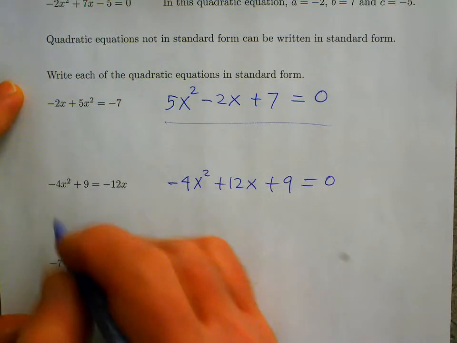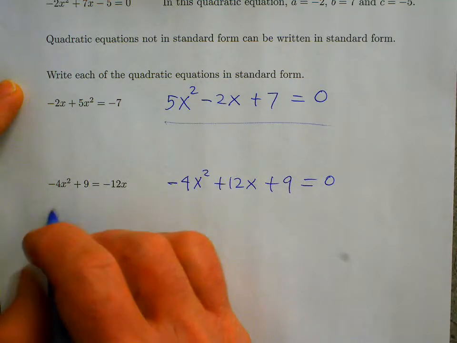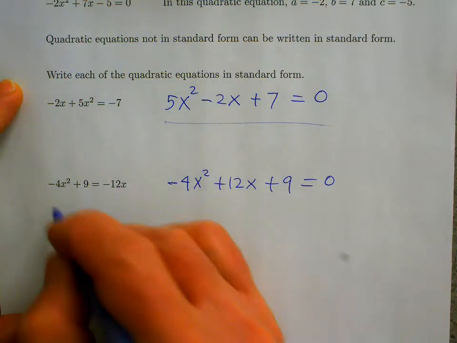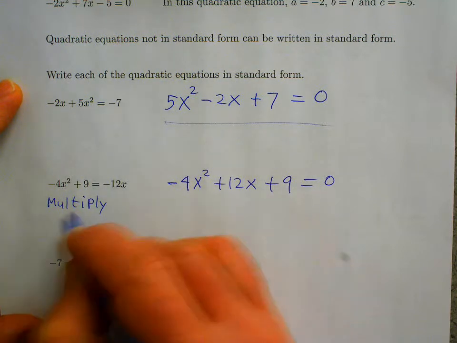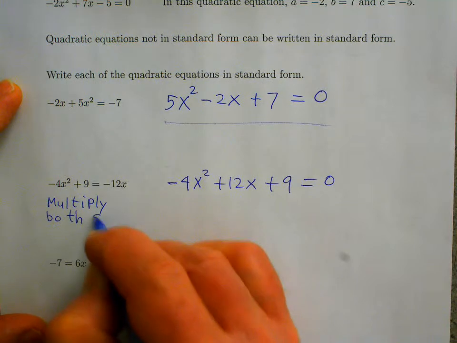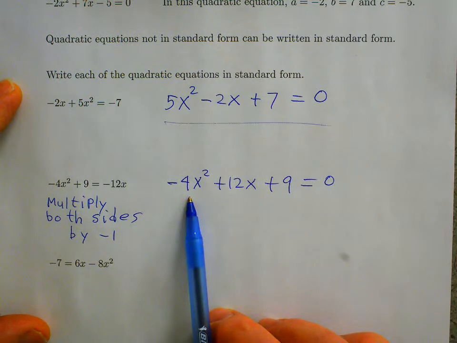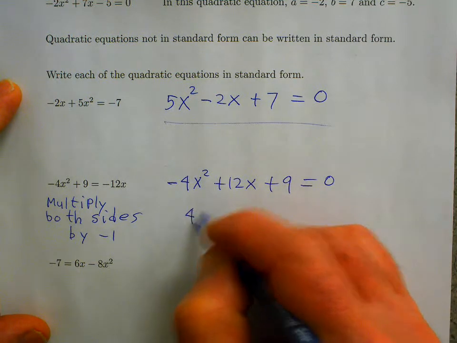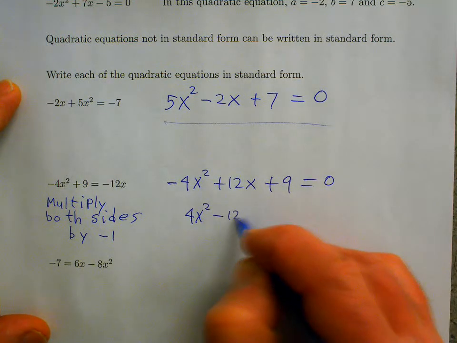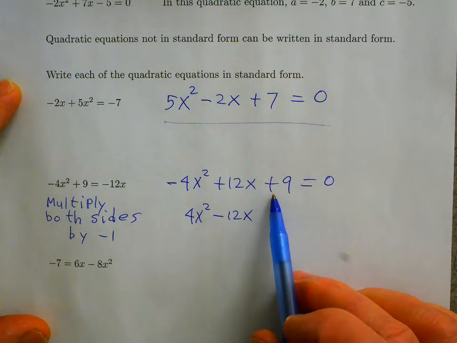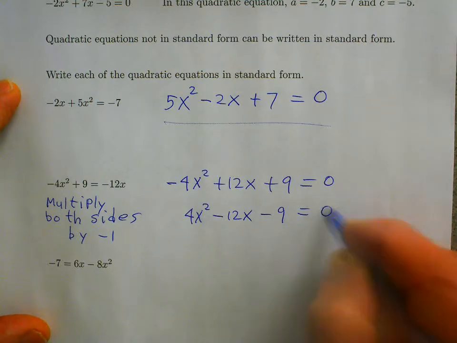the standard equation will look different, but I'll mention one of the things that won't be different. So if you multiply both sides by negative 1, negative 1 times negative 4x squared is 4x squared. Negative 1 times 12x is minus 12x. And negative 1 times 9 is minus 9. Negative 1 times 0 on the right-hand side is still 0.